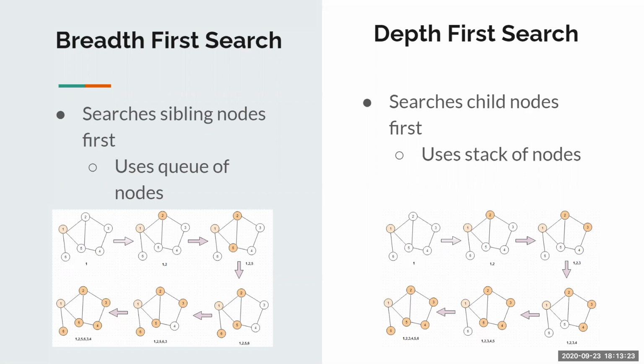A depth first search, on the other hand, searches your child nodes first. So a child node of a node is one that is further down the path from the start.